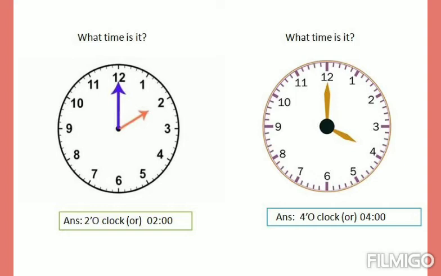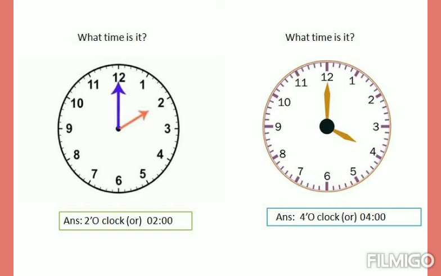Only for 5 you have to write 05, don't write 5 alone. Both hours and minutes have to be separated by a colon. Don't forget to keep the colon in between hours and minutes. So from the first clock we can read the time as 2 o'clock. It can be written as 02:00.